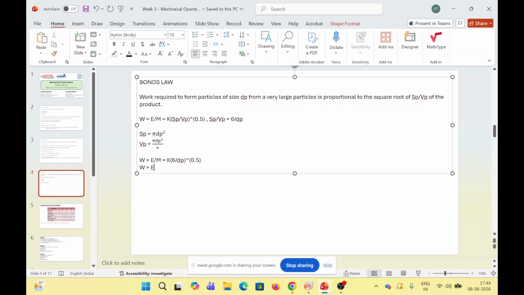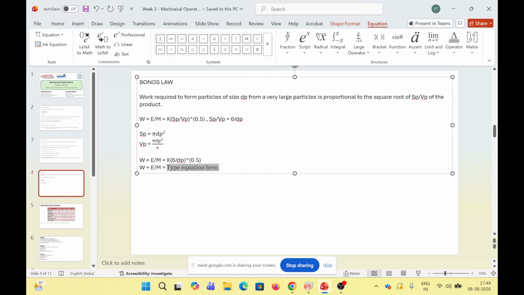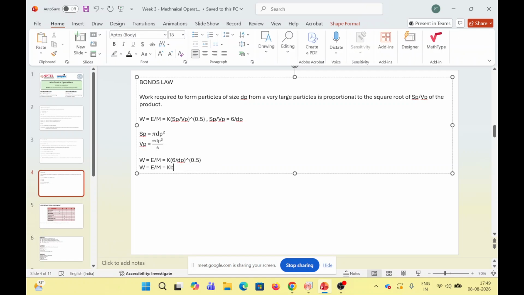So work done, which is energy by mass, is equal to Kb times (1 by dp) whole power 0.5, where Kb is nothing but Bond's constant.